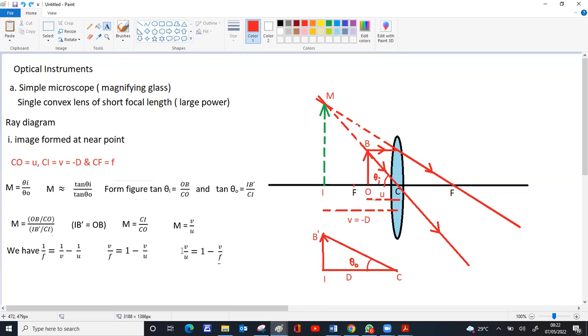So v by u is the magnifying power M. Now you can give the value of v as minus D. So it will come as M equals 1 minus (minus D) by f, which finally comes as 1 plus D by f. That's the final formula for the magnifying power of a simple microscope when the image is formed at the near point. It's very clear from this that a short focal length lens can help in improving the magnifying power.